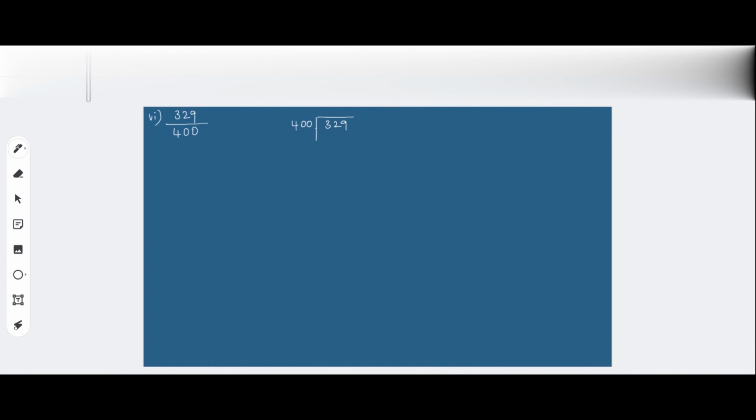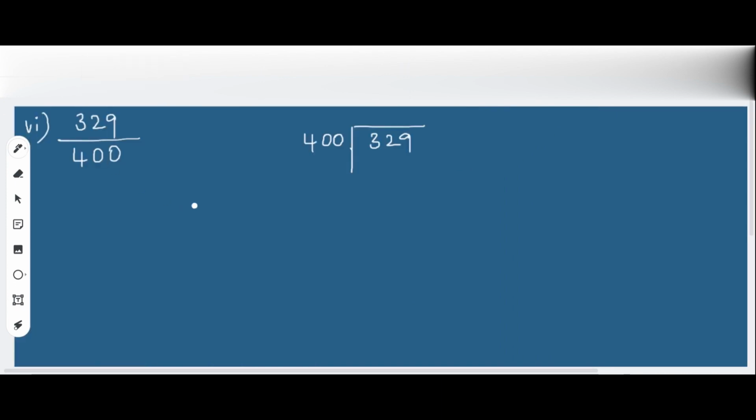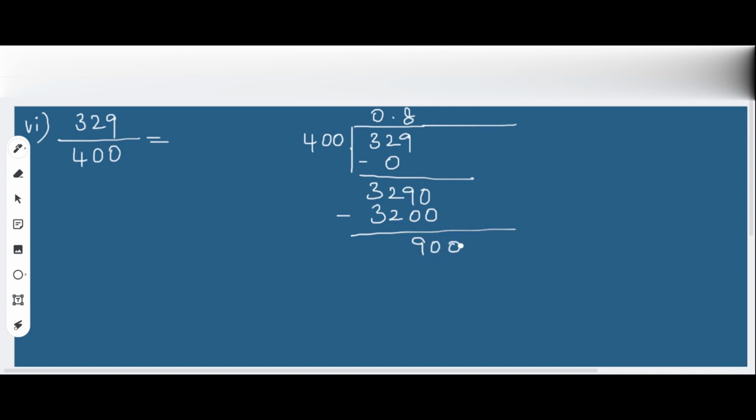Okay. Then the last sum, 329 over 400. So is it terminating or non-terminating? How will you find? You just divide and check. So how many times? 0 times 329. So insert a 0 and keep on decimal. How many times? 400 eights are 3200. You just divide 90 and then insert a 0.